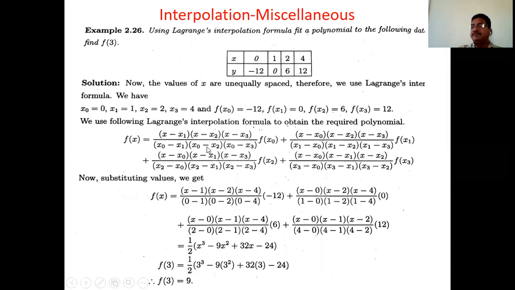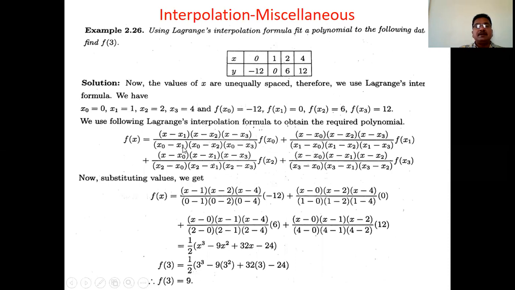The first term is x minus x1, x minus x2, x minus x3 divided by... in this numerator there is no x minus x0 term. In the next numerator there is no x minus x1, in the next no x minus x2 term, and in the last no x minus x3 term. So what is the numerator? X minus x1, x minus x2, x minus x3. X minus x0 is missing.